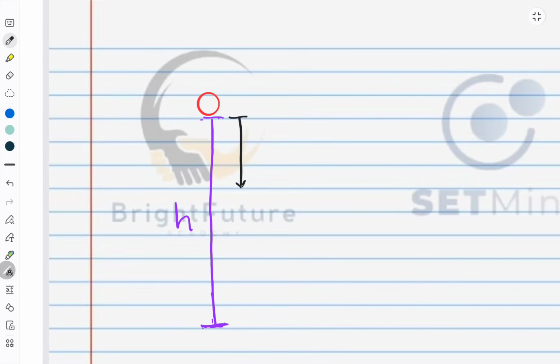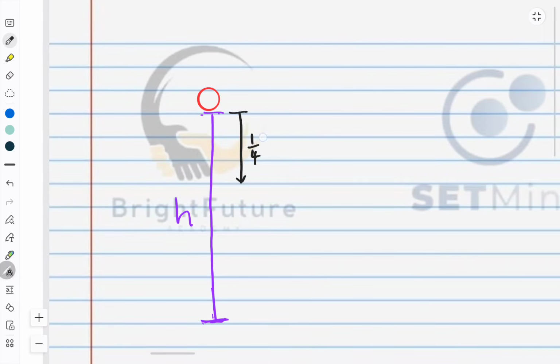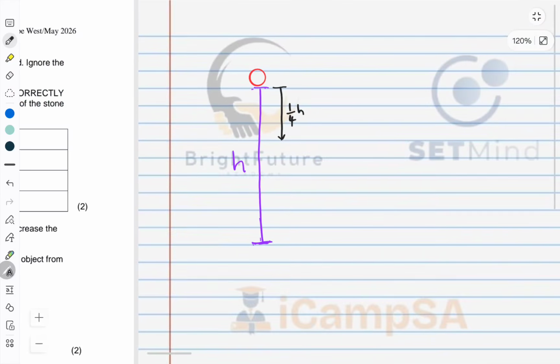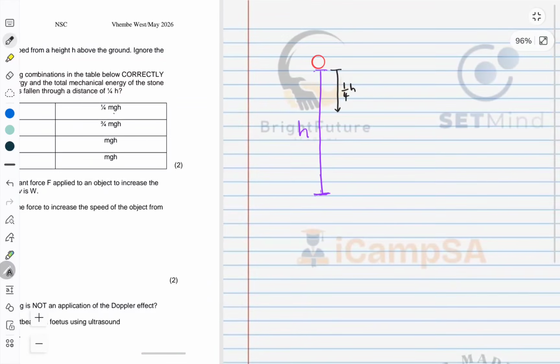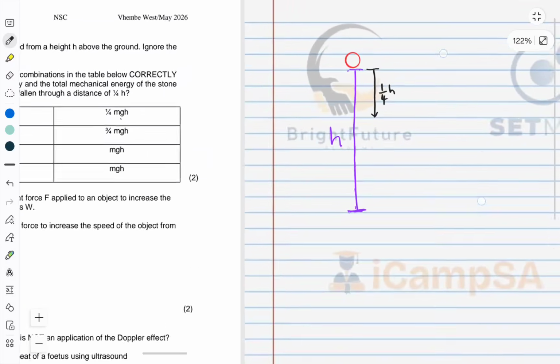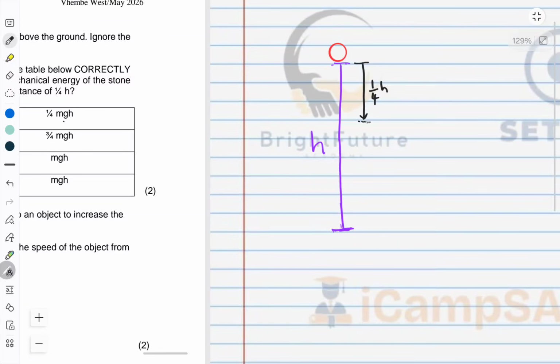So somewhere here, I think. Of course, you don't have to get it 100% correct distance, but just know this is what the situation is representing, something like this.